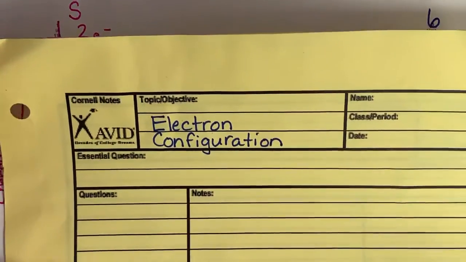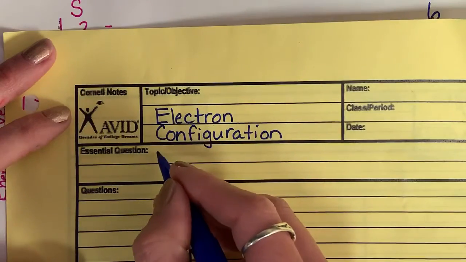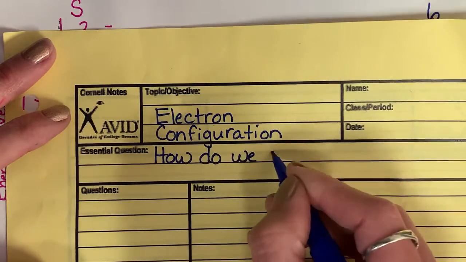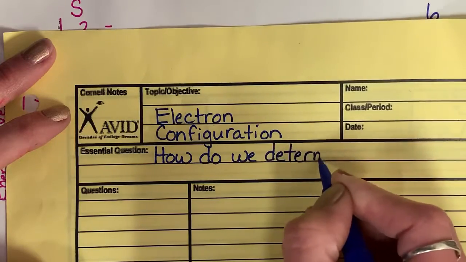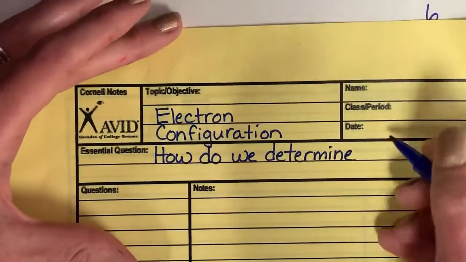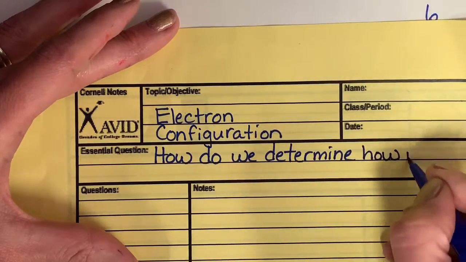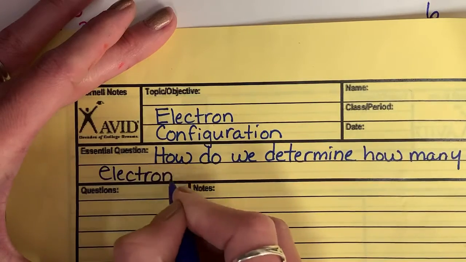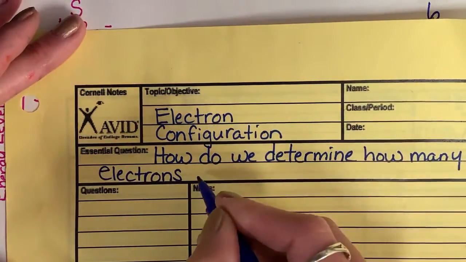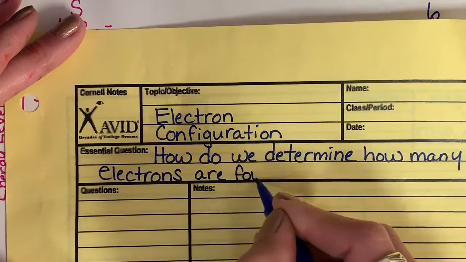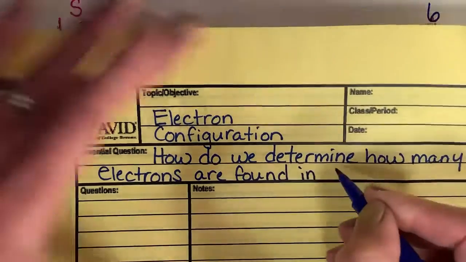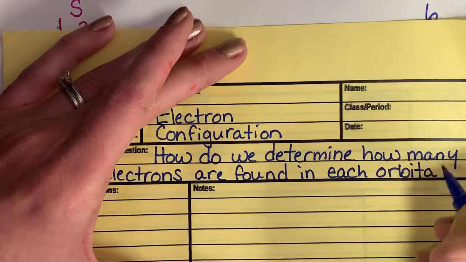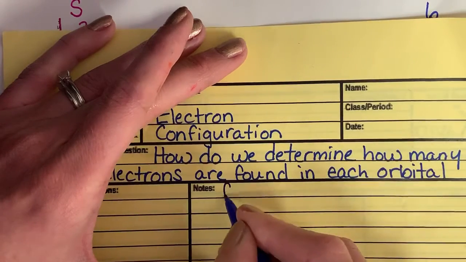What we're actually trying to do is figure out how we determine how many electrons are found in each orbital for a specific atom.